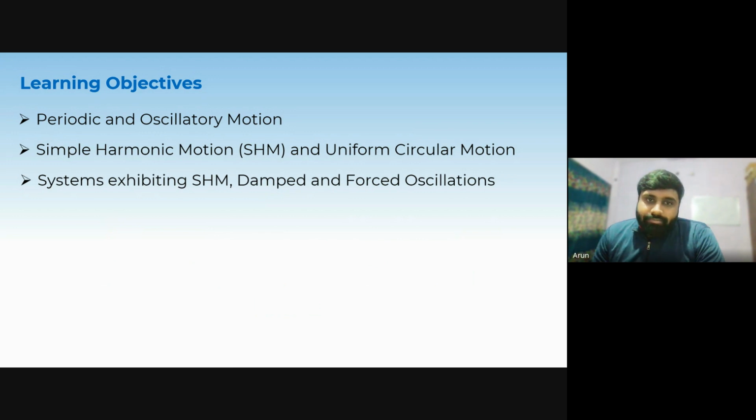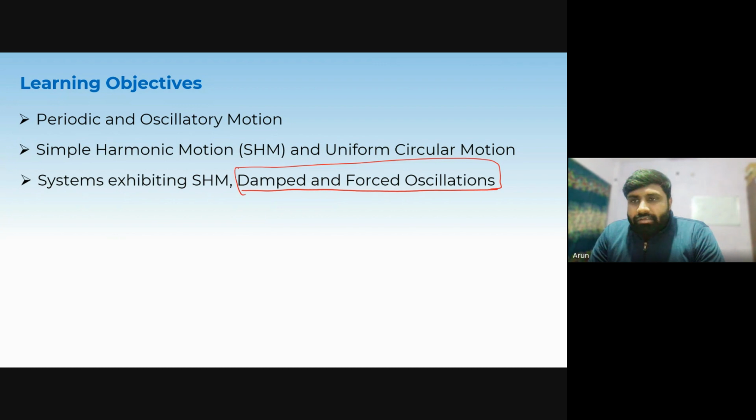Then damped oscillation and forced oscillation. This is not a very vast topic, but a single piece of information is conveyed by these topics. The entire discussion on this topic in a thorough way will be covered in your higher classes.